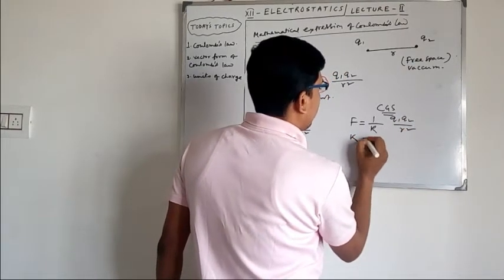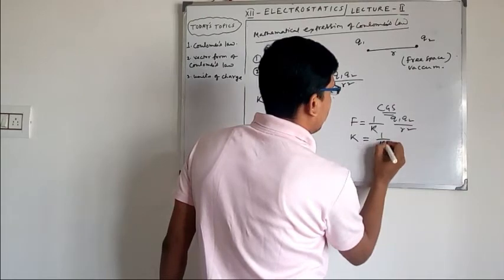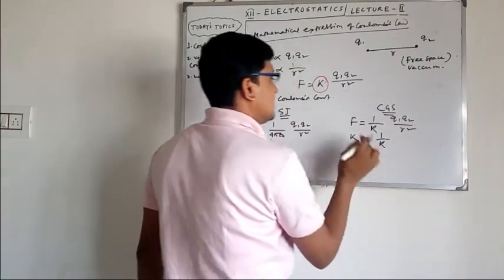The value of capital K is equal to 1 by small k.